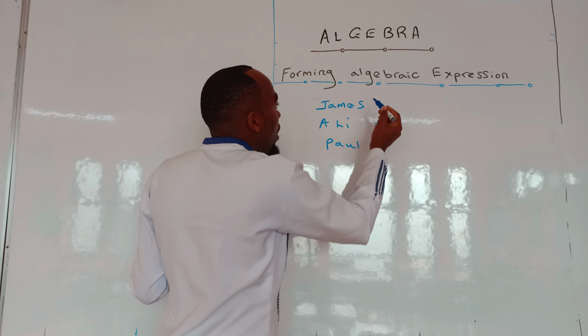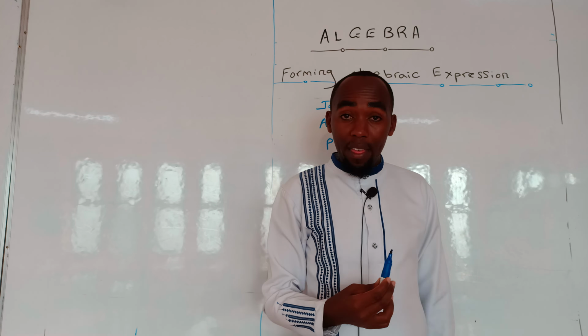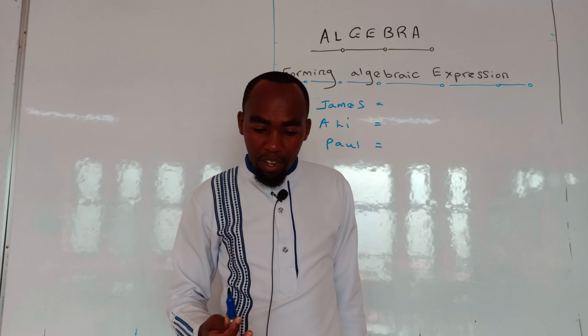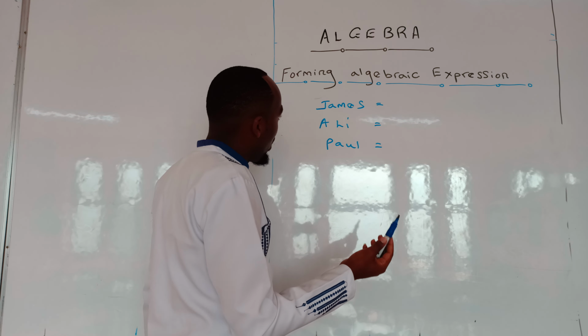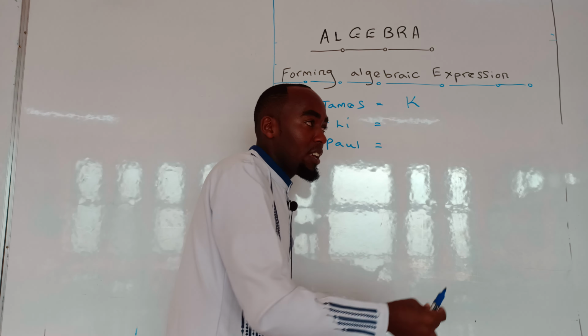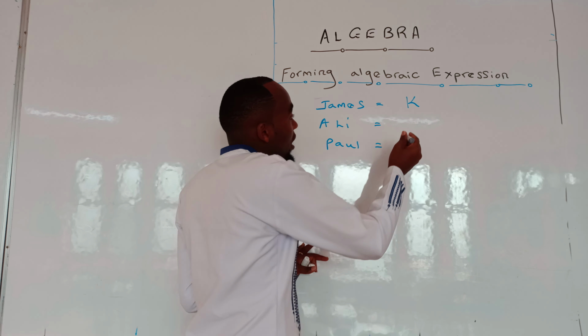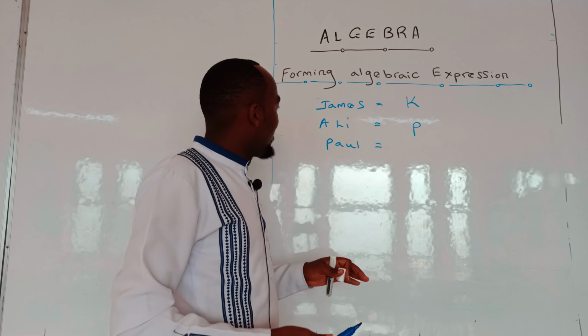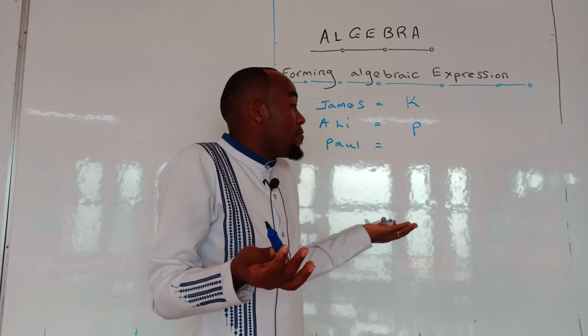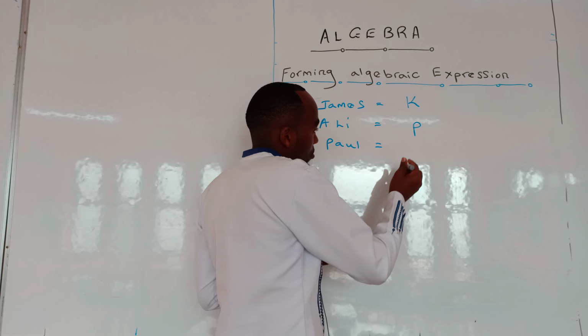All of them were given books by their teacher. How many books were given? James was given K books. Then Ali was given P books. And let's give Paul 3 books.